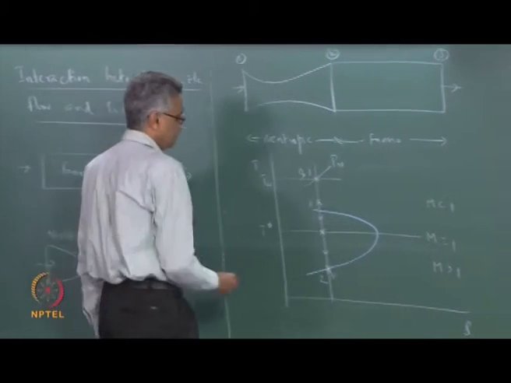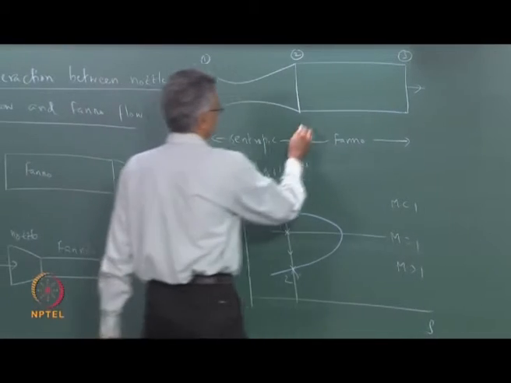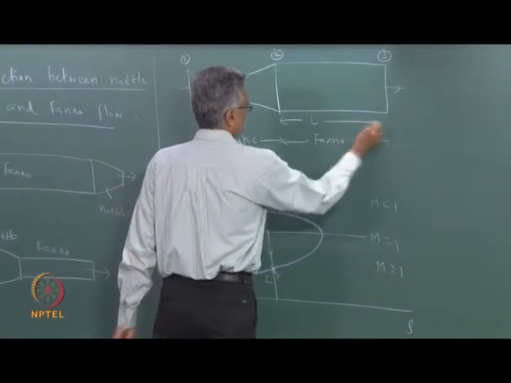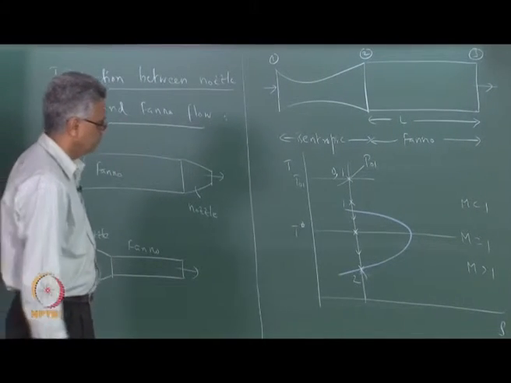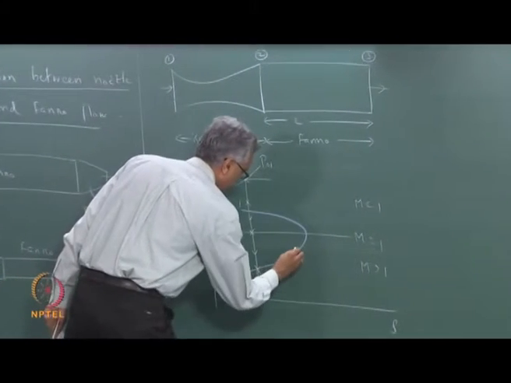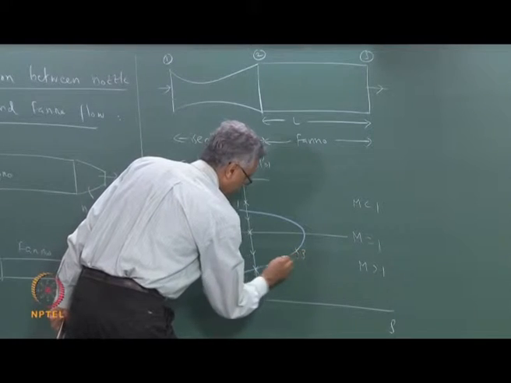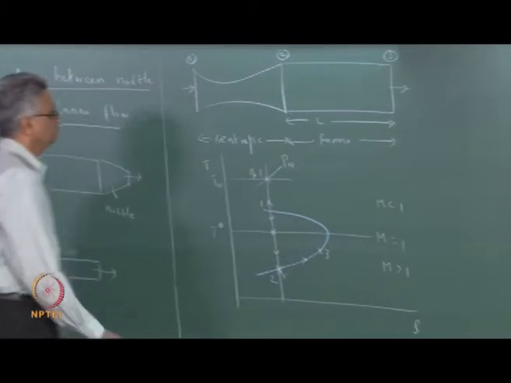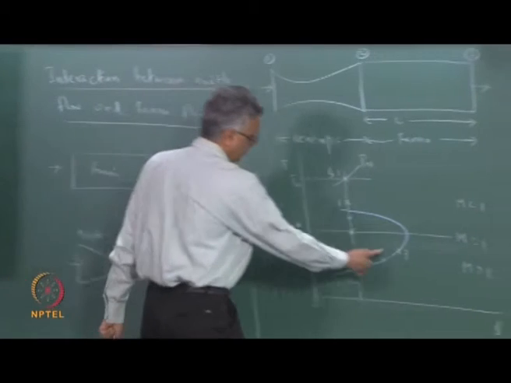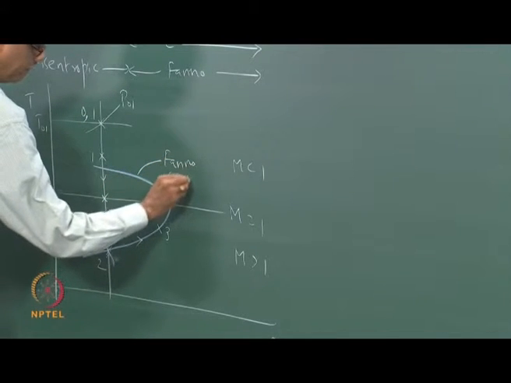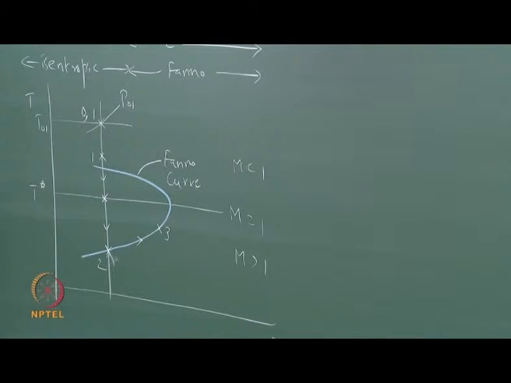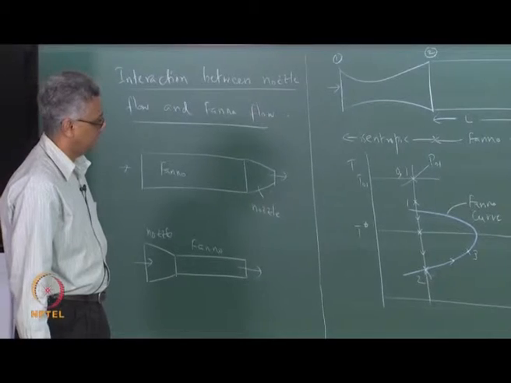And if the length of the duct L is less than L star corresponding to Mach number M2, then state point 3 may lie somewhere here. So, the flow proceeds this way from 2 to 3. We have fanno flow from here to here. So, this is the fanno curve. This is what we get if L is less than L star.